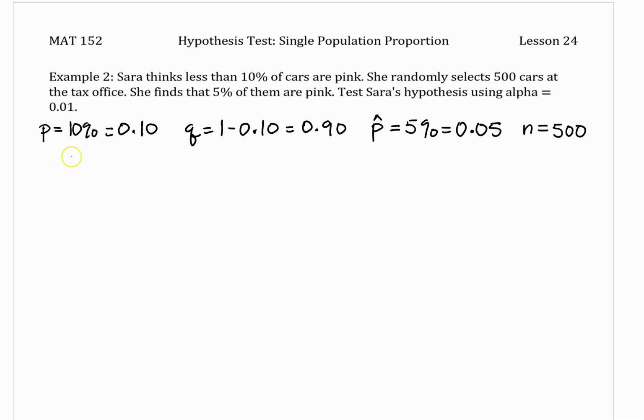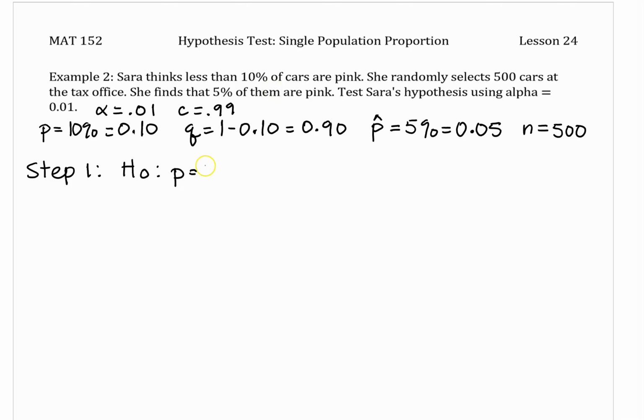Starting with step 1, we will write our two hypotheses. Our null hypothesis always has the equal sign. So our null hypothesis is that p, I started to write mu there, but this is a test about the proportion. We're talking about percentages, so we need to make sure we're using the population symbol for proportion.